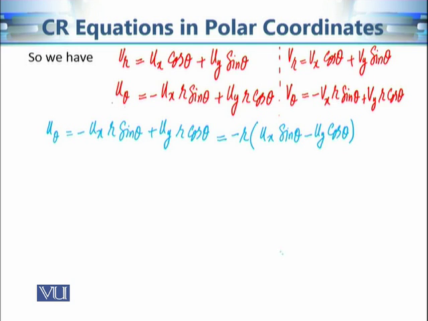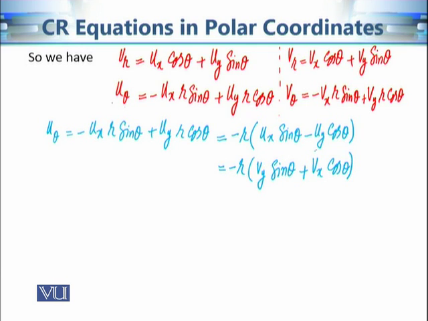Now we know that if the Cauchy-Riemann equations are satisfied, then u_x is equal to v_y. So this becomes minus r times v_y sine theta. And similarly, u_y is equal to minus v_x. So minus and minus gives plus, and this becomes plus v_x cosine theta.